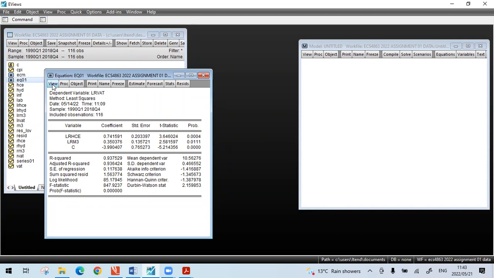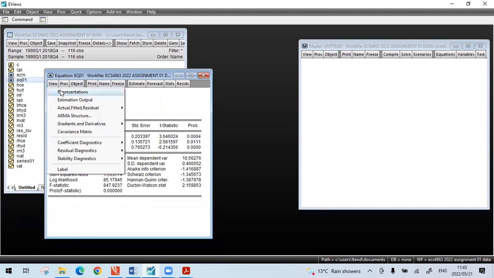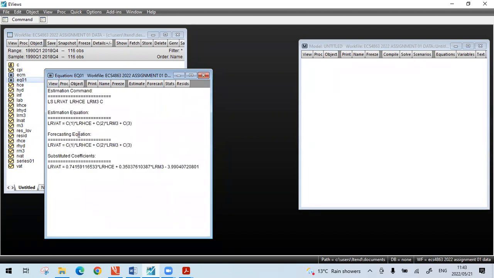If I go to view here, if I say representations, I'll be able to view this equation. This is the equation that I want. So I'm going to copy this equation.